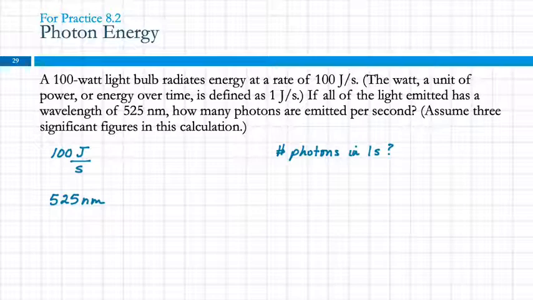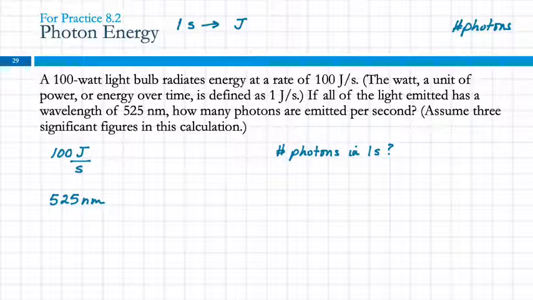So I'm starting with 1 second, so I'm going to stick it up at the top. I'm starting with 1 second, and I want to end up with the number of photons. I have this relationship that's joules to seconds, so I could figure out how many joules are happening in 1 second.